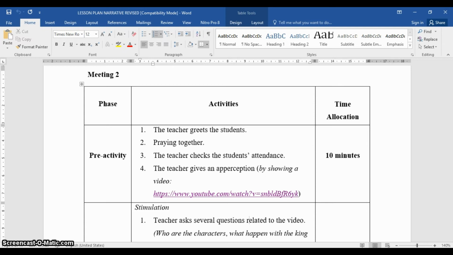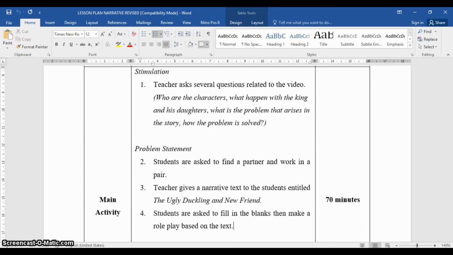And then after that, in the problem statement, the students are asked to find a partner and work in a pair. The teacher gives a narrative text to the students entitled The Ugly Duckling and New Friend. And then the students are asked to fill in the blanks, then make a role play based on the text.